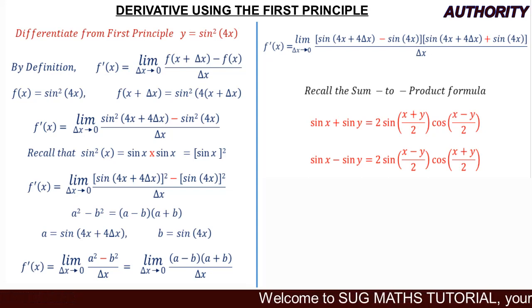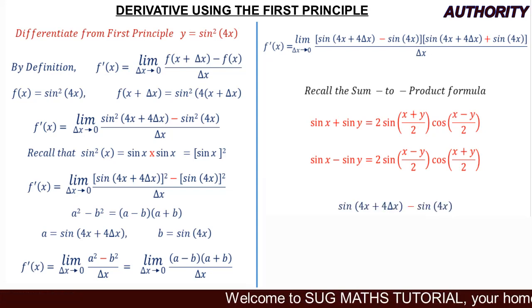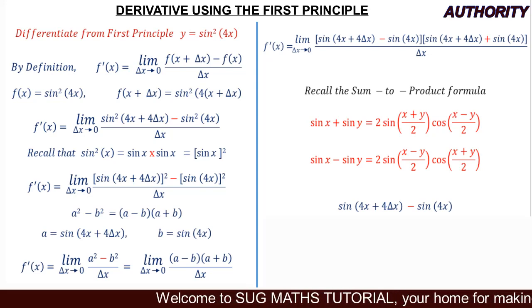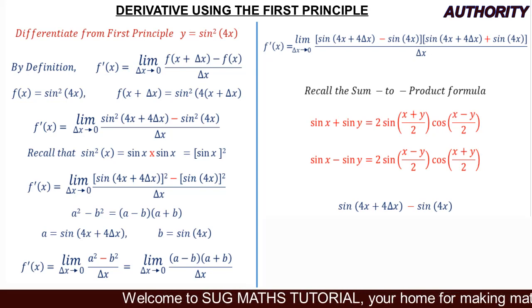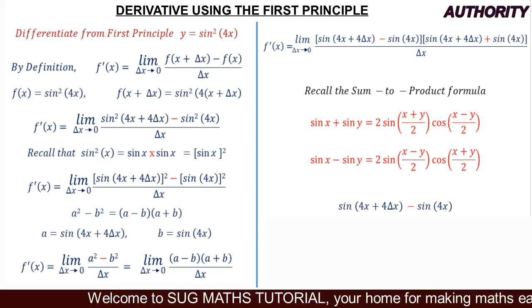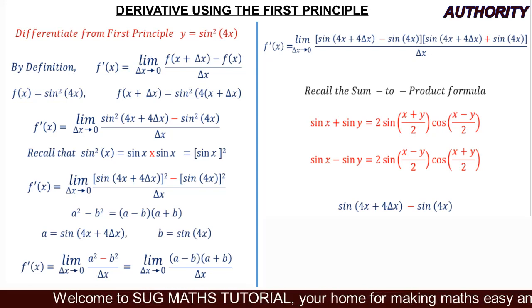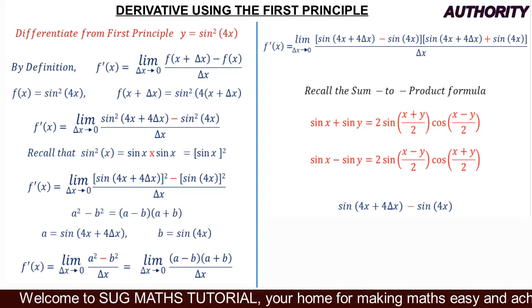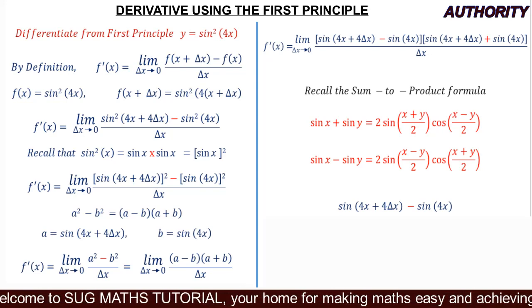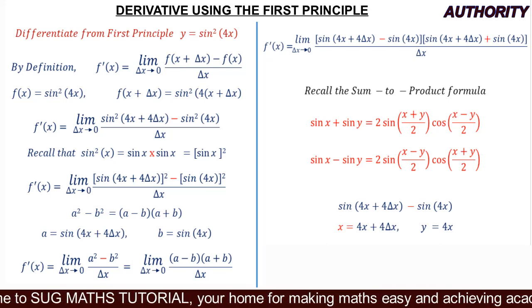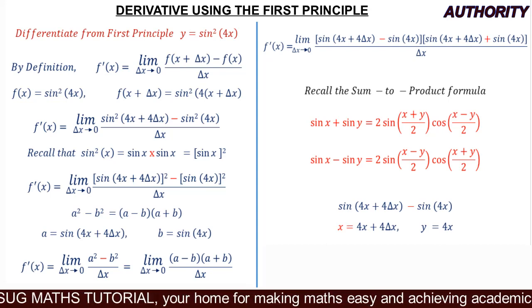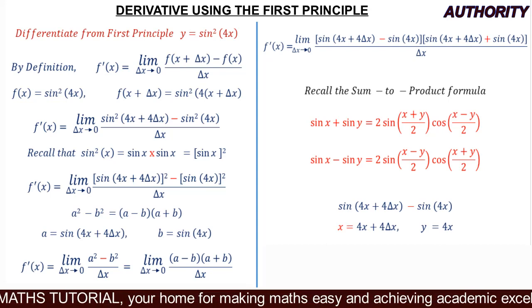In this numerator, we have sine (4x plus 4 change in x) minus sine 4x. Here we have sine, but the argument of the sine in the first part is different from the second part. So the first part we can call x, and the second part we call y.